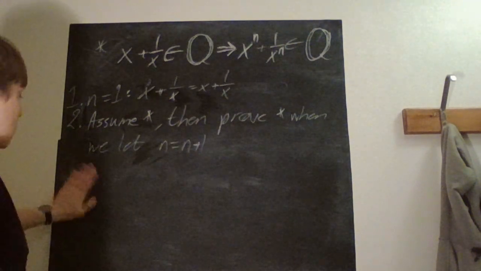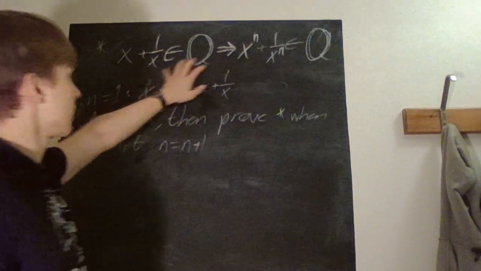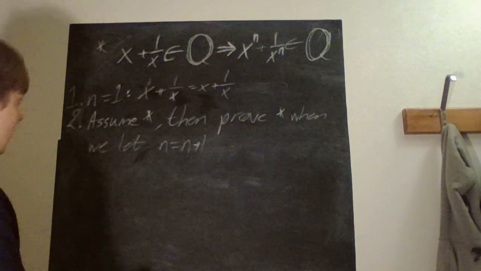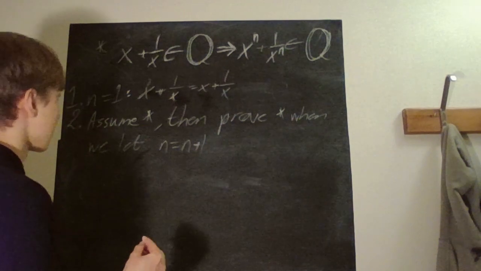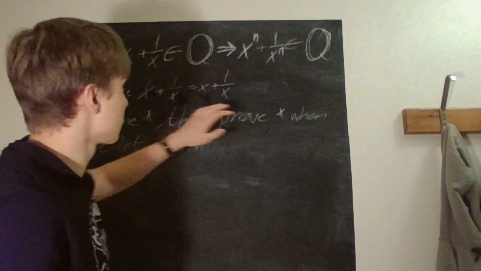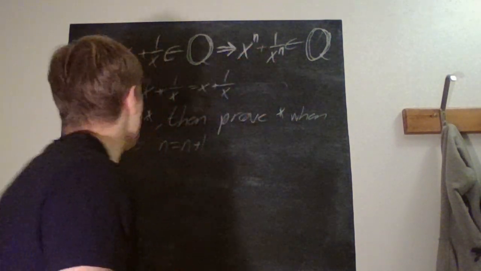So basically we assume that this property holds, and then we're supposed to prove that, well, we just exchange n for n plus 1 here.